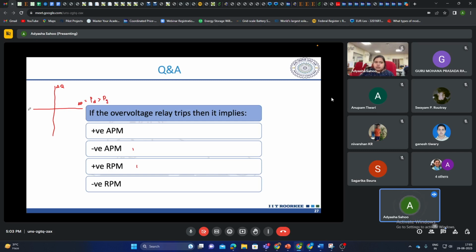On this side, when we have negative delta P, it will mean PD less than PG. Here we have positive delta Q implying QD greater than QG. Similarly, for negative delta Q, we'll have QD less than QG.